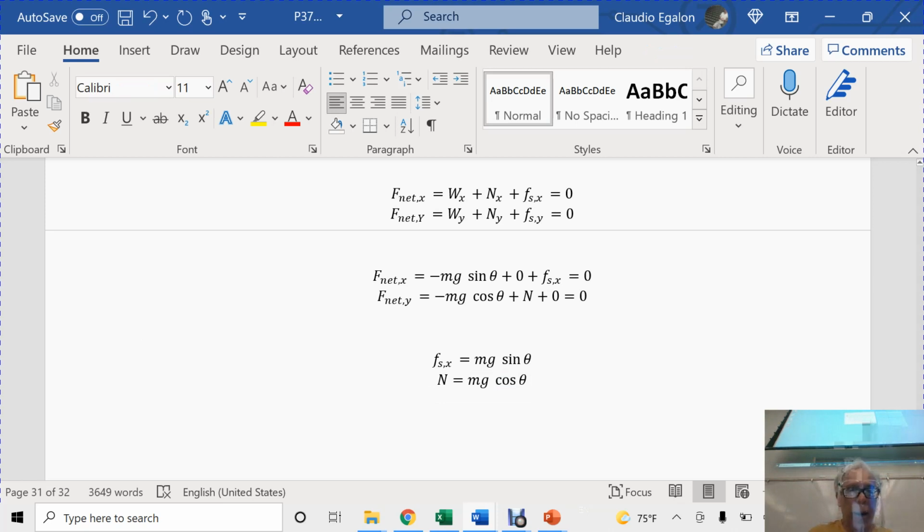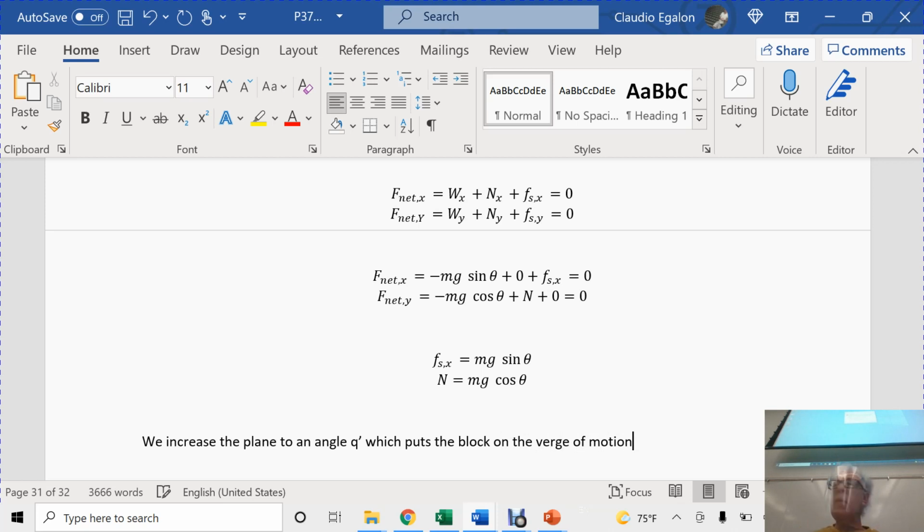Now, let's do another one here. We increase the plane to an angle theta prime, which puts the block on the verge of motion, just about to move.